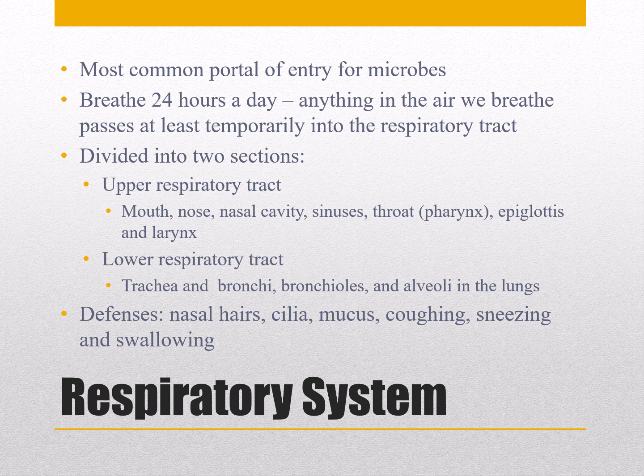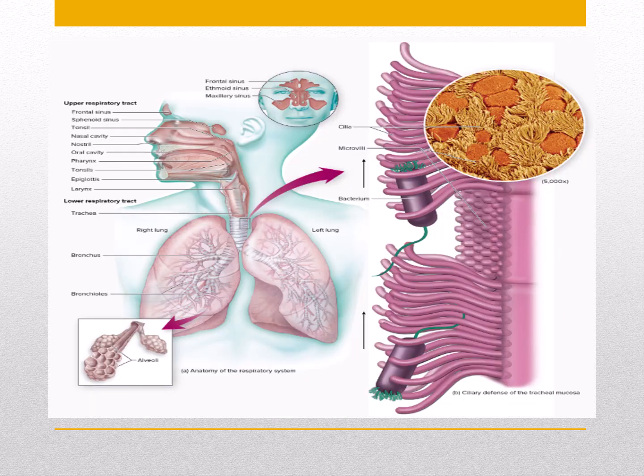So let's take a look at that pseudostratified columnar epithelium. There they are, those finger-like projections that trap microbes and then move in little contractions that sweep microbes up and away from the lungs. That is their big goal.